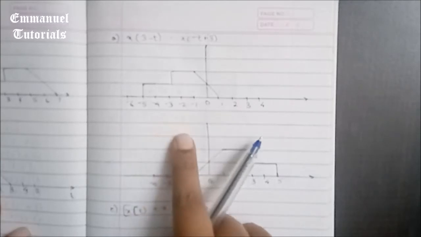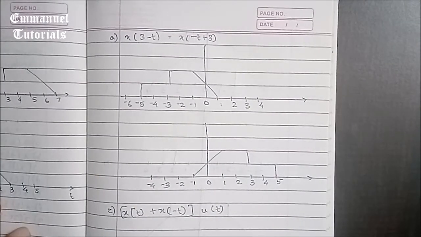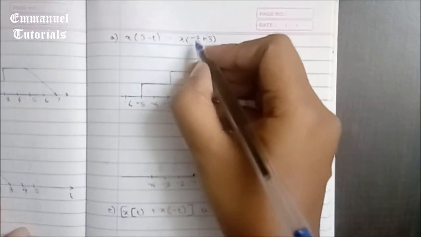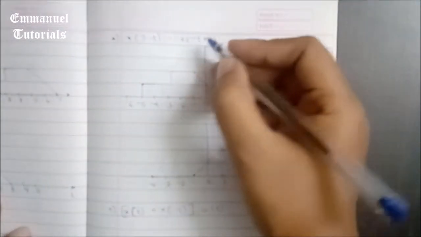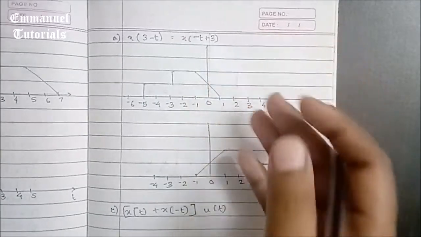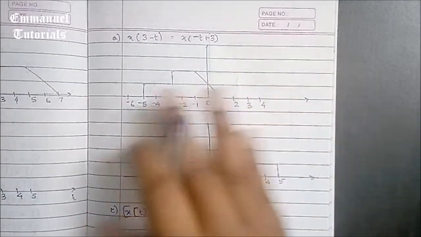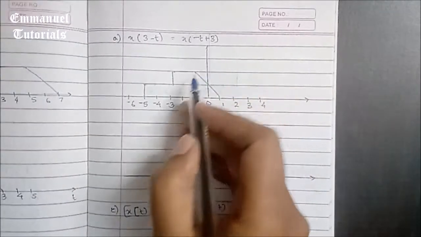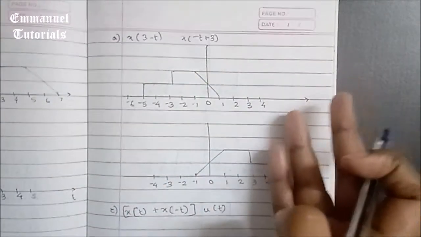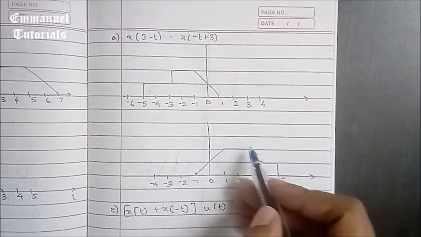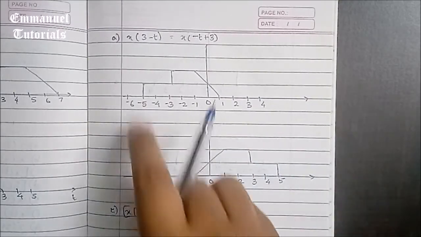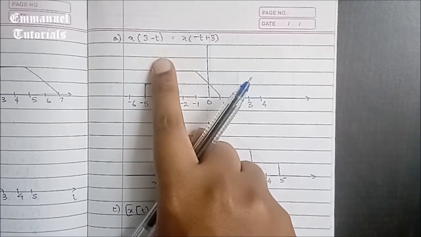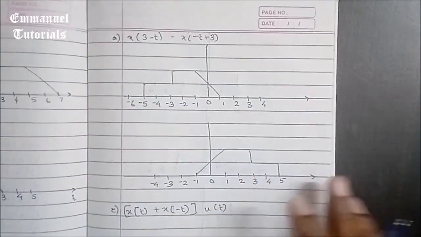The next operation is time scaling, which you can call time scaling by minus 1 or time reversal. Time reversal means you just rotate the signal along the y-axis. So we have just mirrored this signal, and this is how it is going to look. We have solved the first part, a, x of 3 minus t.